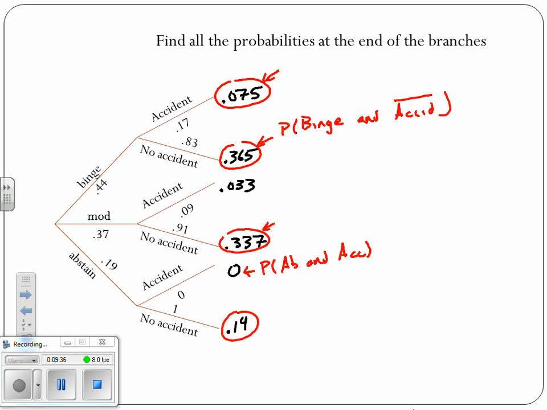So what we can do with our table now is take a look at one more probability.